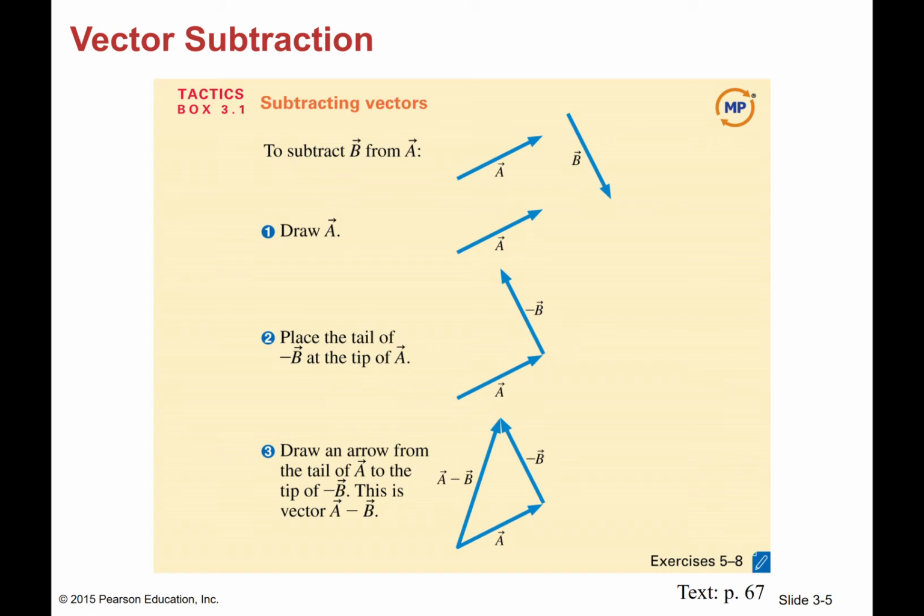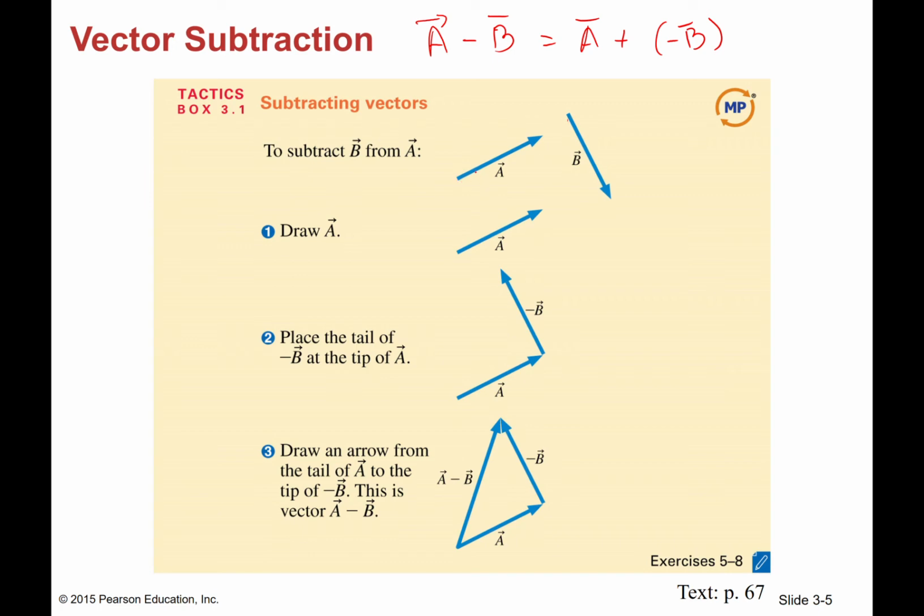Okay, so let's go on to vector subtraction. Vector subtraction is basically this: if you have two vectors and you want to do A minus B, what this actually is, is A plus minus B. So what you're doing is adding to A the vector that is multiplied by -1.